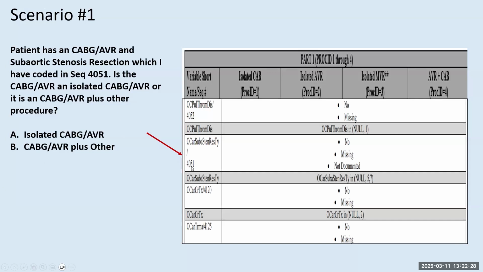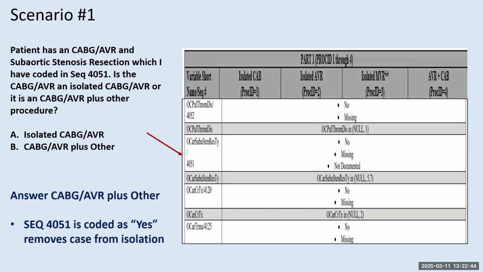You can see it right here. Here's your AVR column. You can see that sequence 4051, if you code no, missing, or not documented, the case stays isolated. So you coded yes. So yes will remove the patient from isolation. So this will be a CAB AVR plus other.